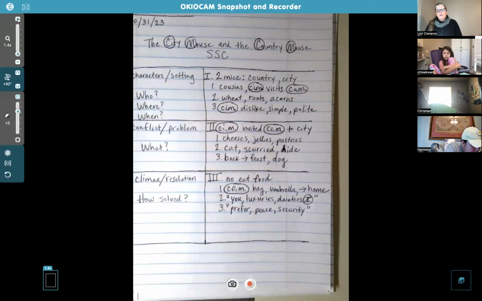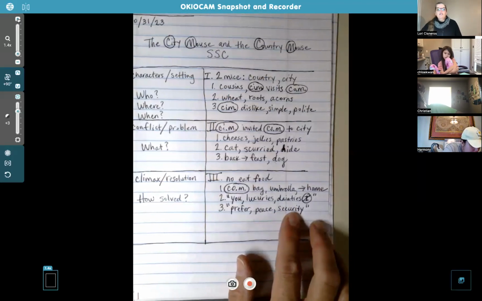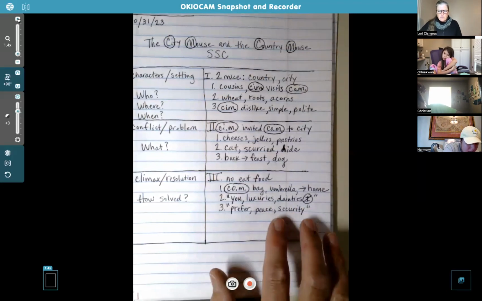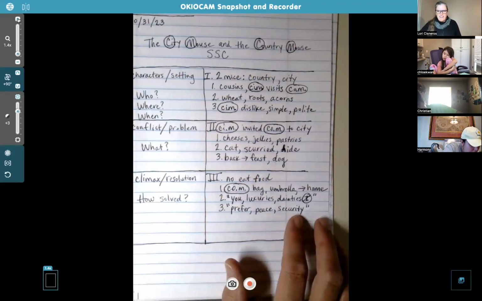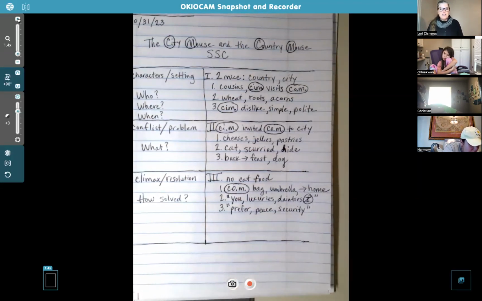So security could be like a security officer, right? A security officer is somebody that has a special uniform and they're just making sure everybody's safe. And in this story, it just means that she feels safe. Like she doesn't have to deal with cats and dogs, right? In the country she has other things to deal with, but not so much cats and dogs. So she's basically saying, I would rather be in the country where I'm not dealing with cats and dogs because that's scary.